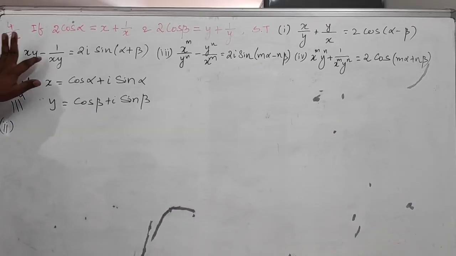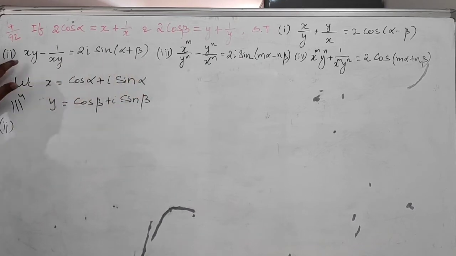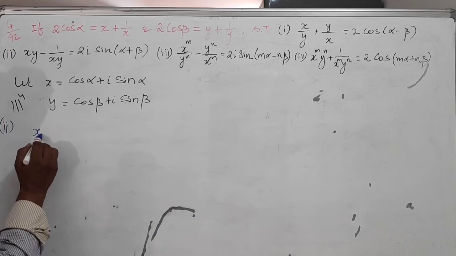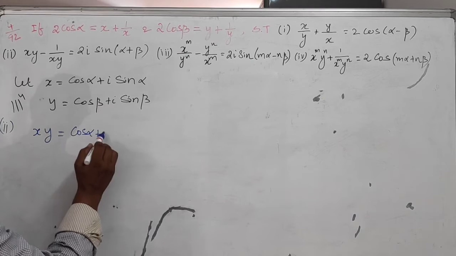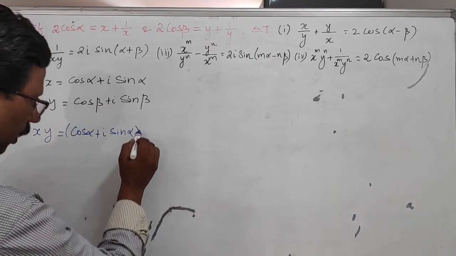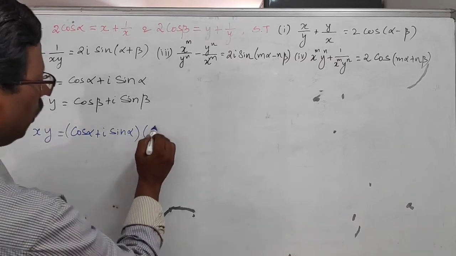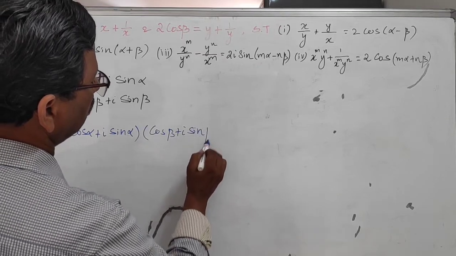Next, xy minus 1 by xy equals 2i sin of alpha plus beta. First we need to find the product xy. Therefore, xy is equal to cos alpha plus i sin alpha into cos beta plus i sin beta.